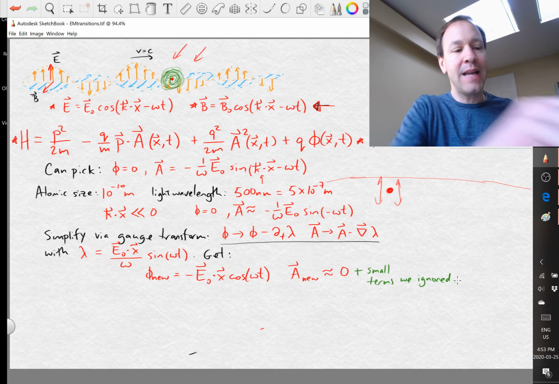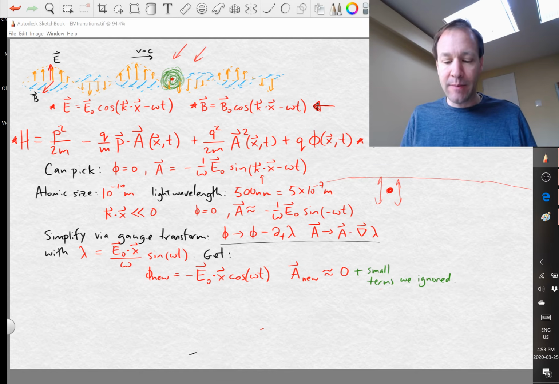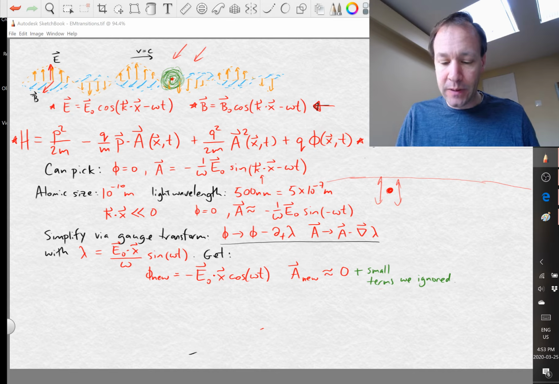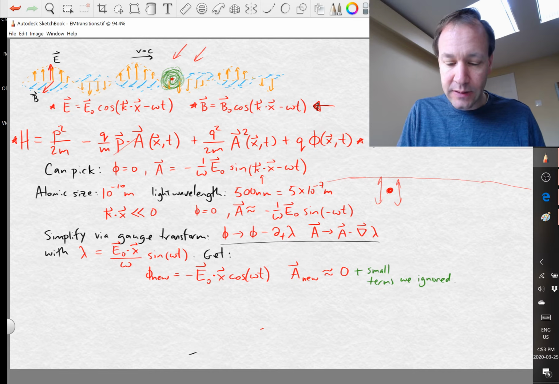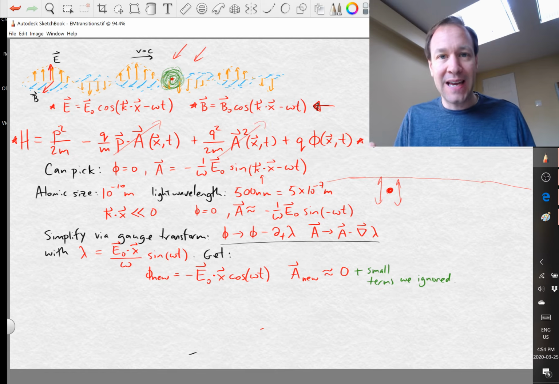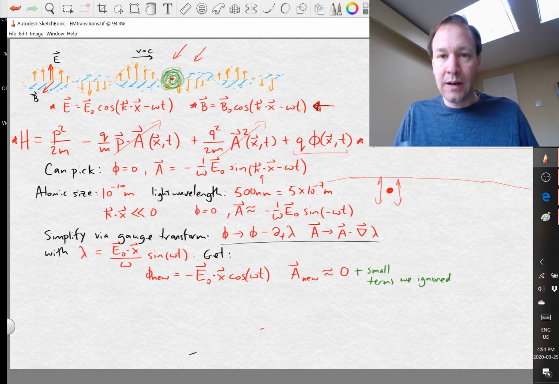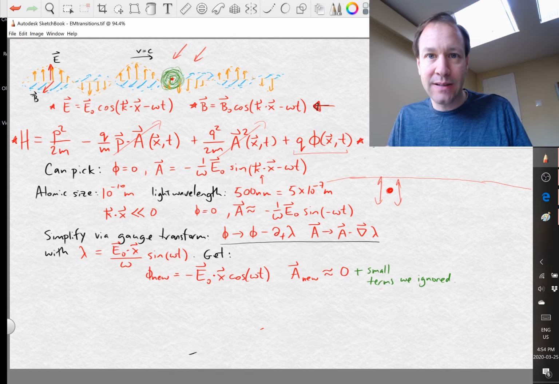Okay, and so now we're all ready to write down our Hamiltonian, and it's very simple because we just ignored that term and that term, since the A is very small. The entire term that we have to add to take into account the effects of the electromagnetic field is just this last term.